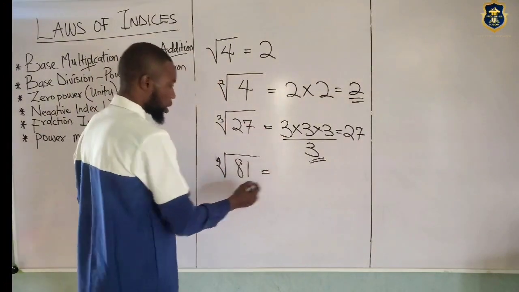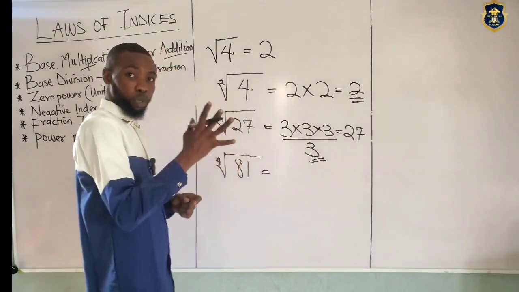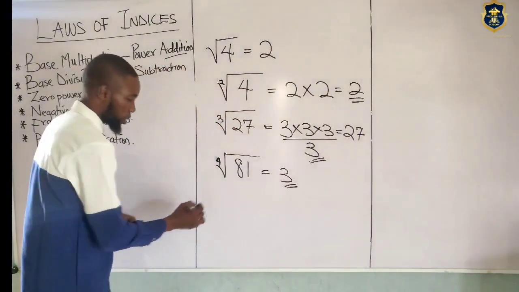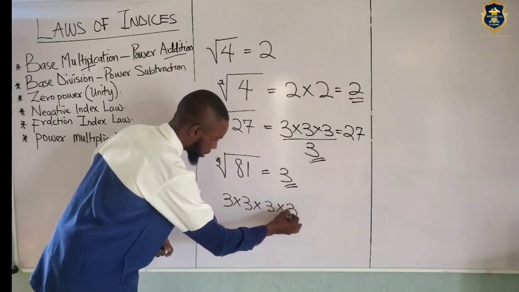It's that simple. The only equal number you can multiply 4 times to give you 81 is 3. What do I mean? 3 times 3 times 3 times 3, 4 times.